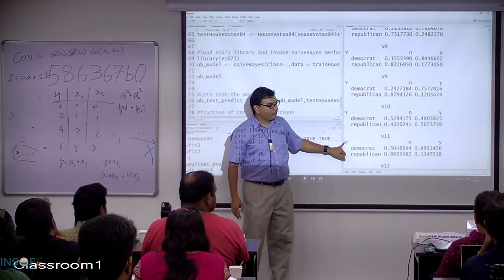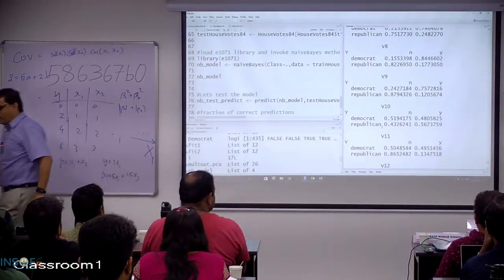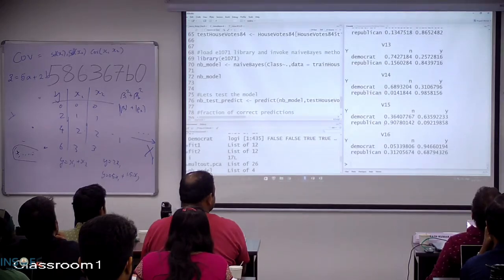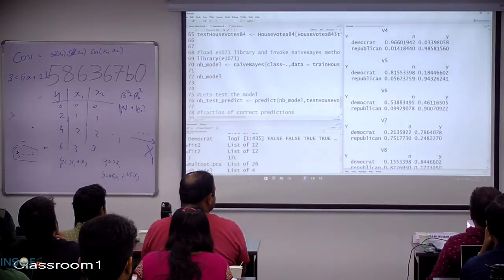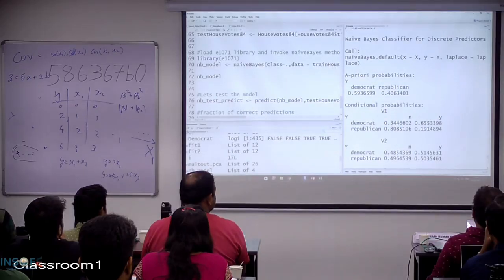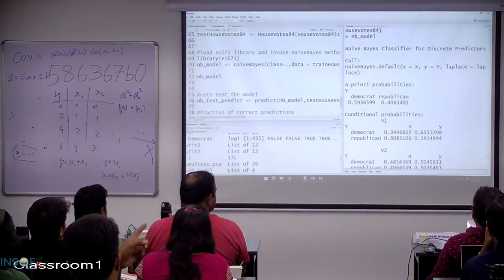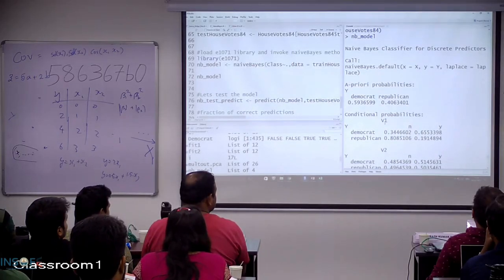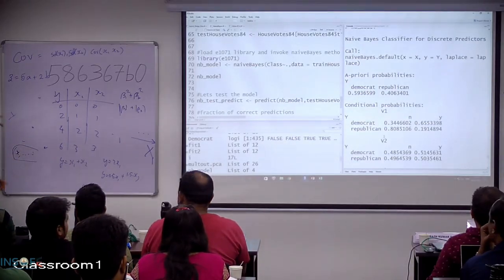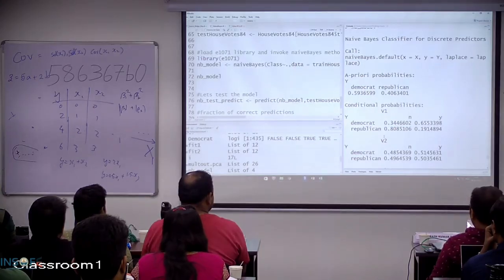The prior probability is given only for Y; ideally it should be N as well. I'll check and tell you, or actually Gautam is a better person to answer this.